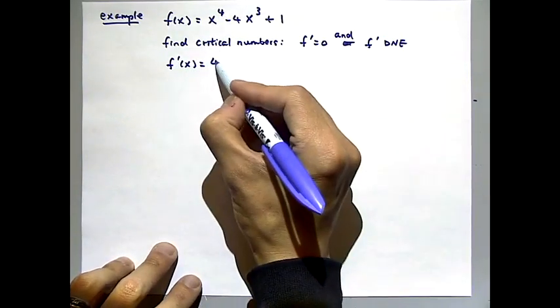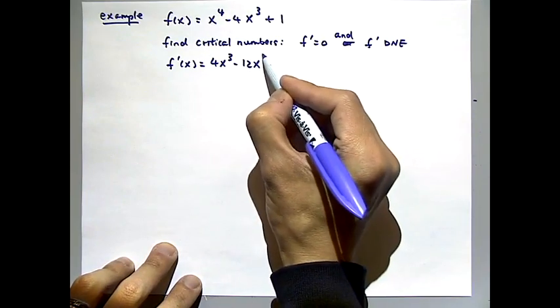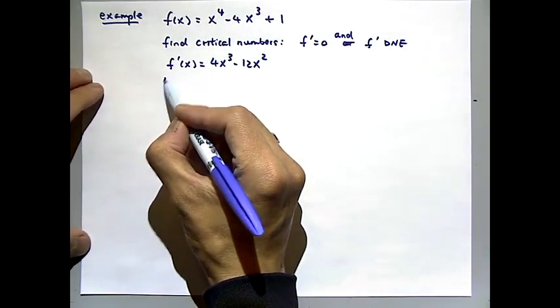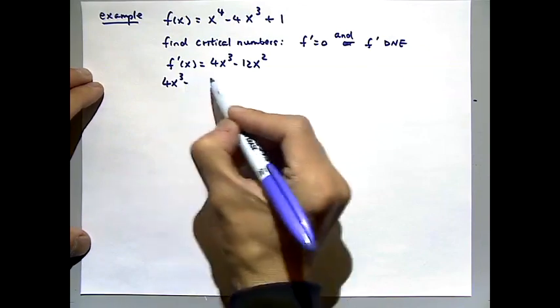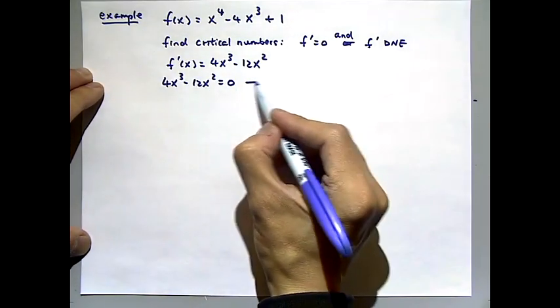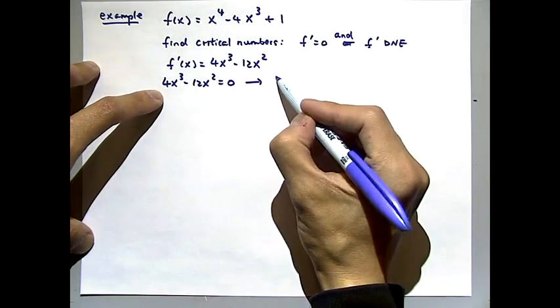So we take one derivative, and we look for where this is equal to 0. We can take out a 4x squared from that.